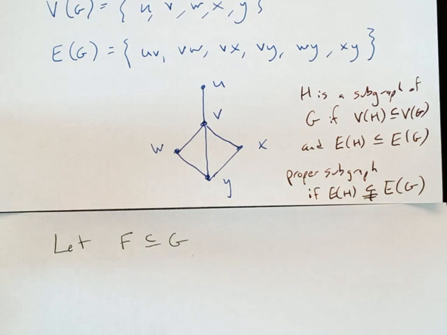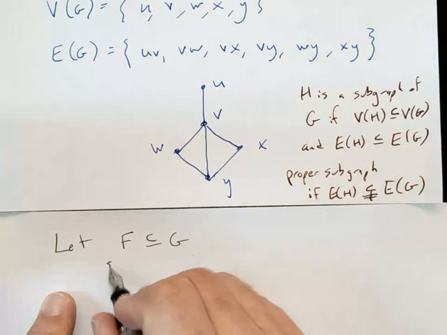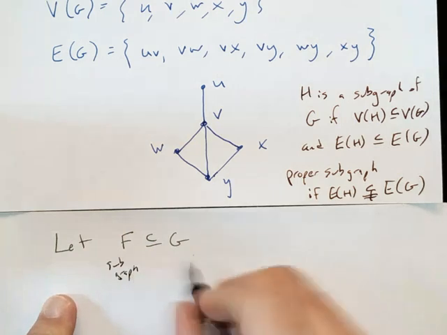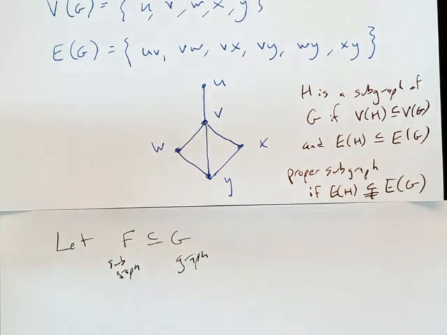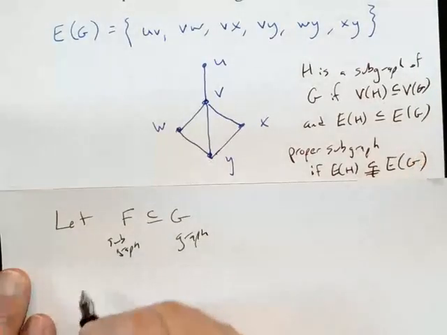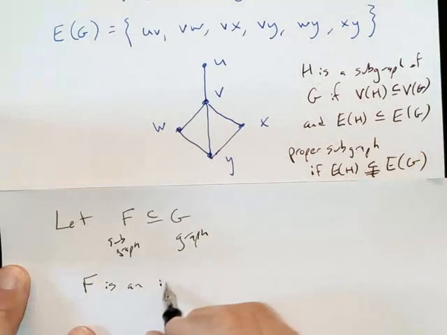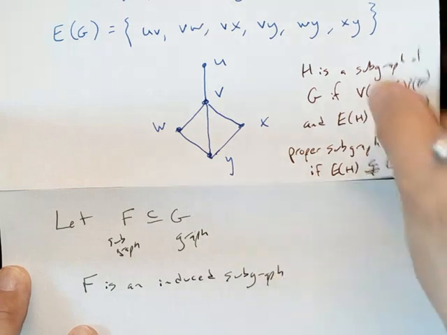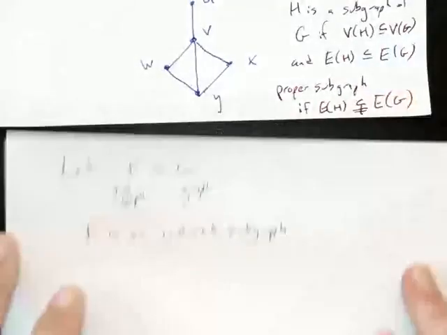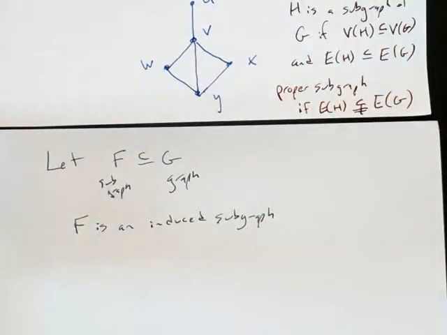If I have a graph G, I have a subgraph F. We're going to define an induced subgraph by saying, if the edge is in G and I keep the vertices, I have to keep the edge.